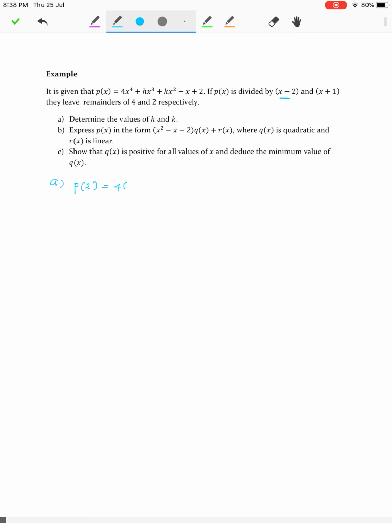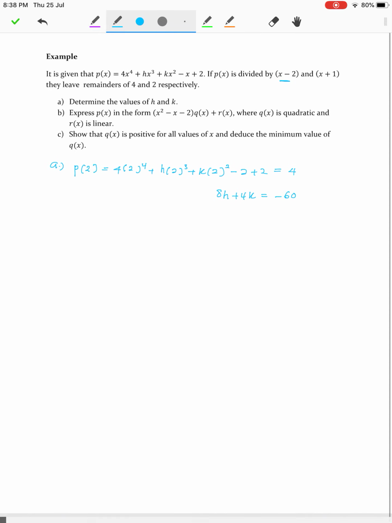What you have is 2^4 + h(2^3) + k(2^2) - 2 + 2. It leaves remainder of 4, so it must be equal to 4. By some simplification, this first equation will reduce to 8h + 4k = -60.